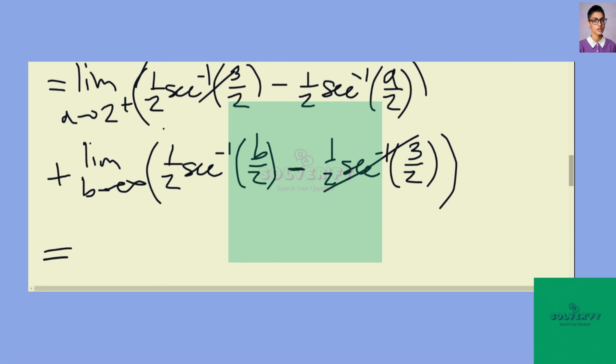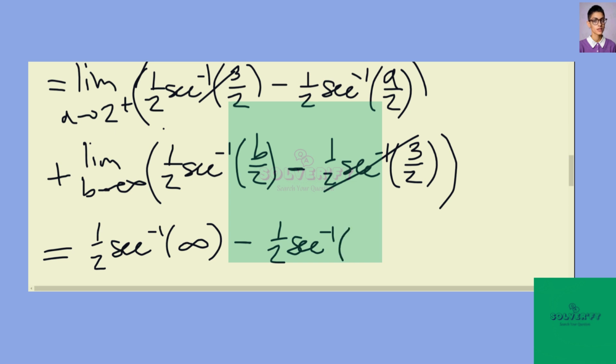And so we're simply left with, if we let b approach infinity, 1/2 times the inverse secant of infinity, minus one half times the inverse secant of 1.